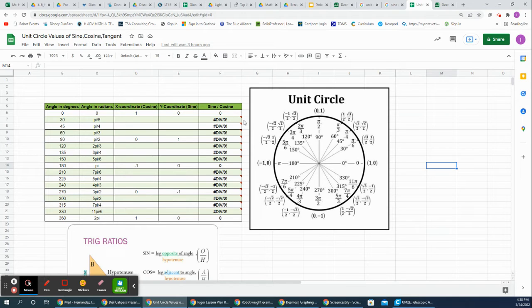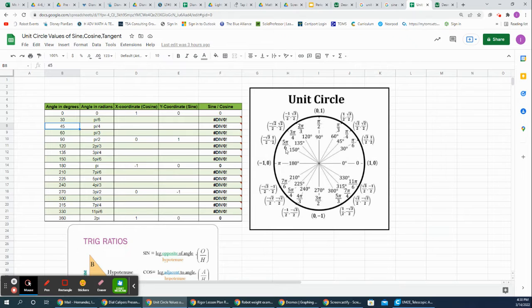So notice that this template here has several columns. Okay, the first column, this one here, is the angle in degrees of our unit circle. So if you look here, it's 0 degrees, and then 30 degrees, and then 45 degrees, and then all the way down to 360.